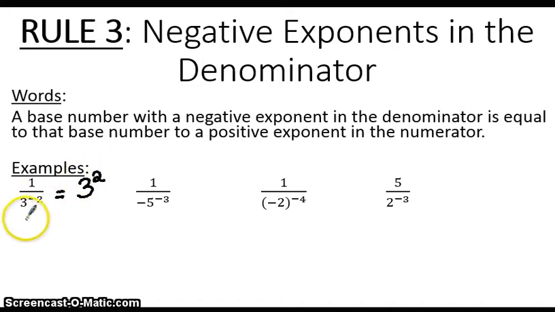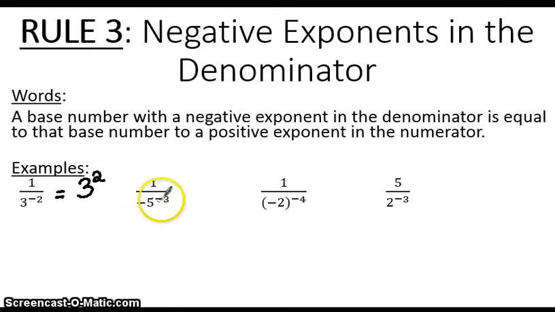Since a base number with a negative exponent in the denominator is the same as the base number with a positive exponent in the numerator. Now let's look at this example. In this example, we have 1 over negative 5 to the negative 3rd power. If you notice, the negative sign is not in parentheses, so the base number is the 5.